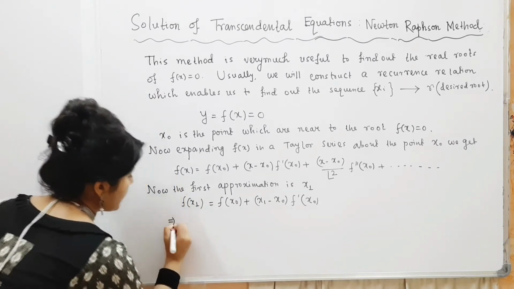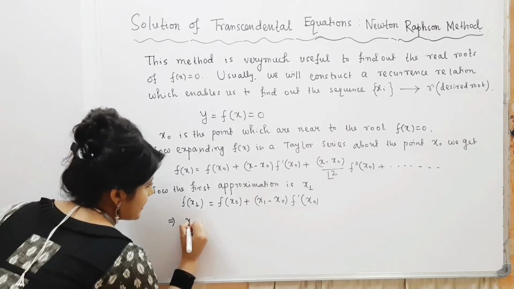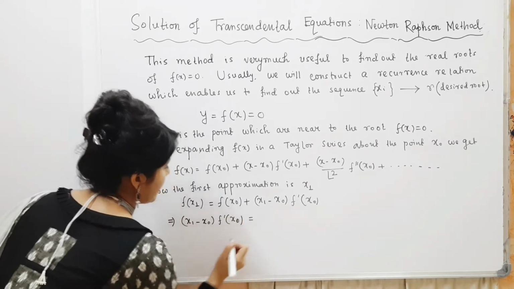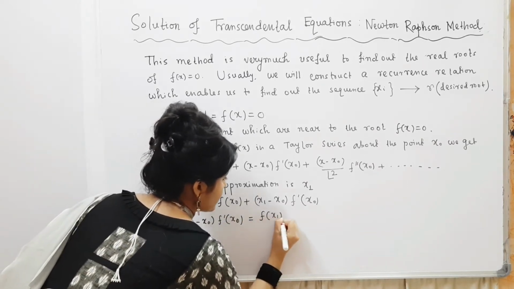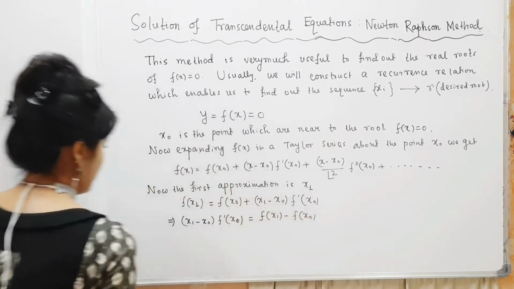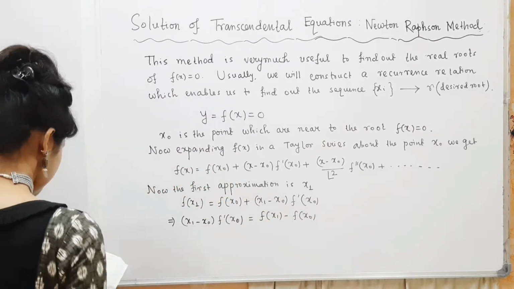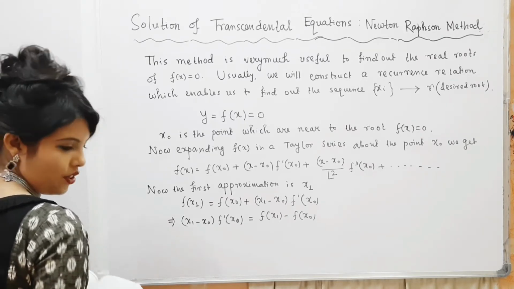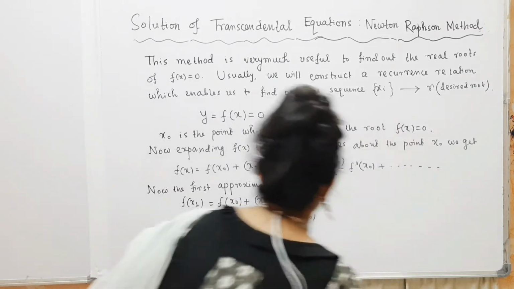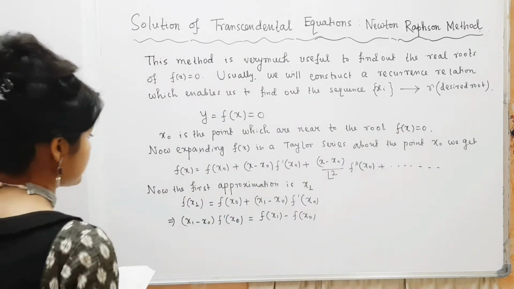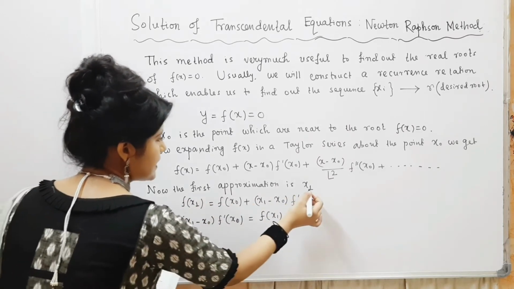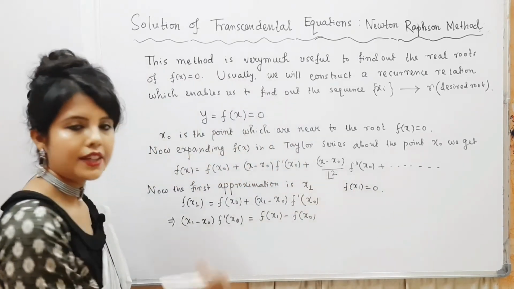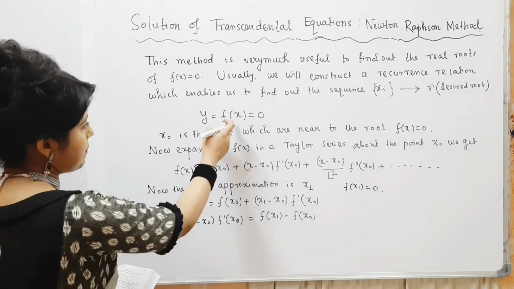From this, what I have got is x1 minus x0 into f dash x0 is equal to f of x1 minus f of x0. Now I have to take the first approximation. So this is the root, for which f of x1 equal to 0, because x1 is the first approximated root of this equation.